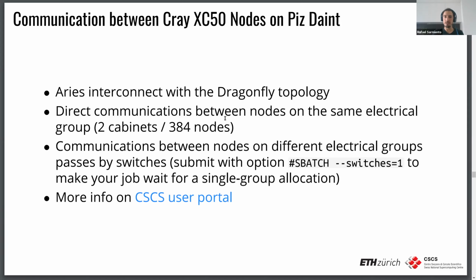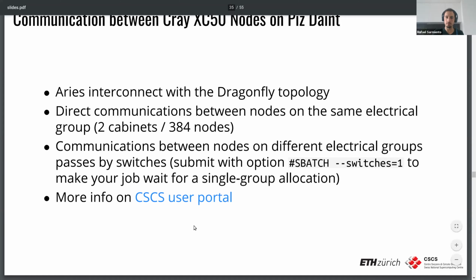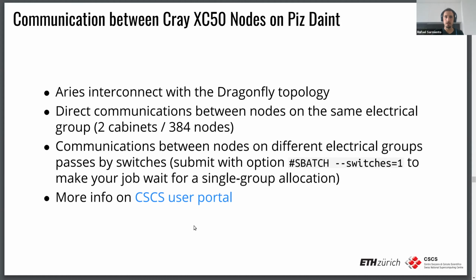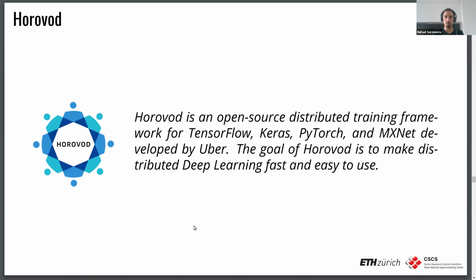So if you find that that's a bottleneck for you, or you suspect that the communication is a problem, you can use in your bash script the flag --switches=1, which will constrain your calculation to a single electrical group. But since it's constrained, you may end up waiting a bit longer for the allocation. Okay, you can find more information about all these things in the user portal. Okay. Small info.